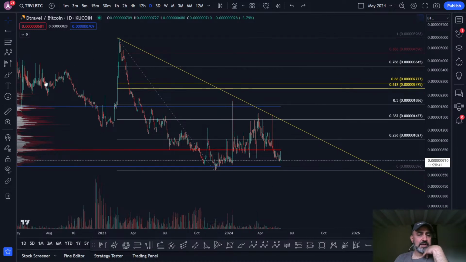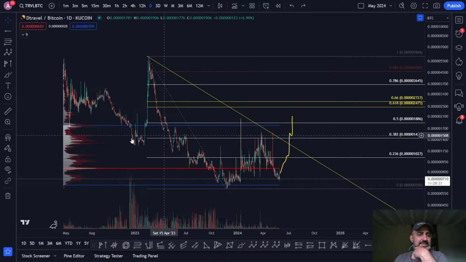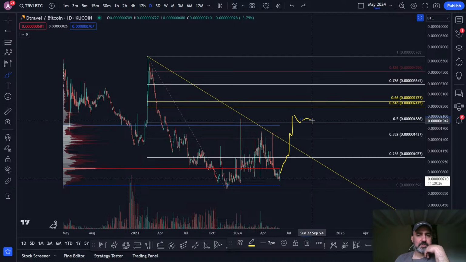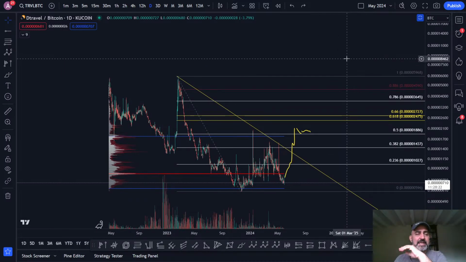And eventually, if we can get back above this, really what you need to do with TRVL is flip the value area into support. And the other thing is that people might be thinking, okay, I want our 5 Elliott waves, I want 3 impulsive waves against USDT.